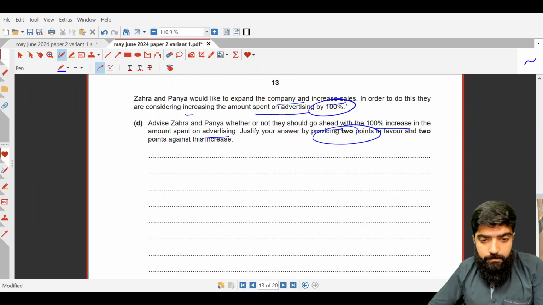Sir, against, when you invest too much, then excessive advertising can annoy customers. Like in YouTube, every single time the same ad you're seeing, it will annoy customers and they might ruin the brand image. Same thing again. If you advertise too much, it reduces its effectiveness.